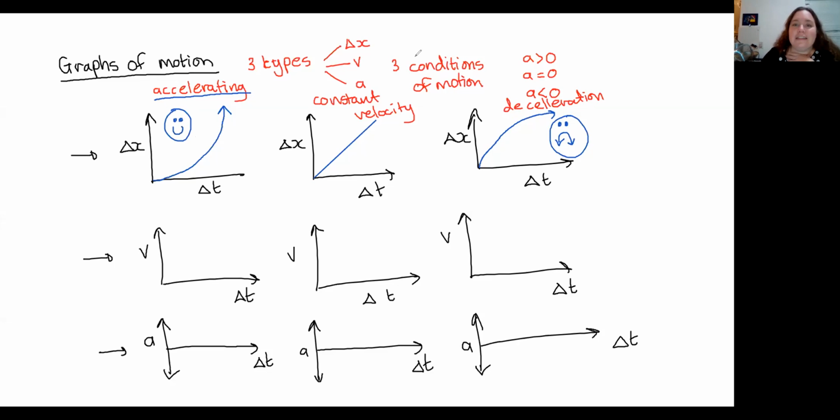Now, I find that the easiest way to picture why this happens is for us to imagine that we're looking at equal time intervals. So for example, I may say there's 1 second, 2 seconds, 3 seconds, 4 seconds. In my first second here, that is how much displacement I have. It's tiny.